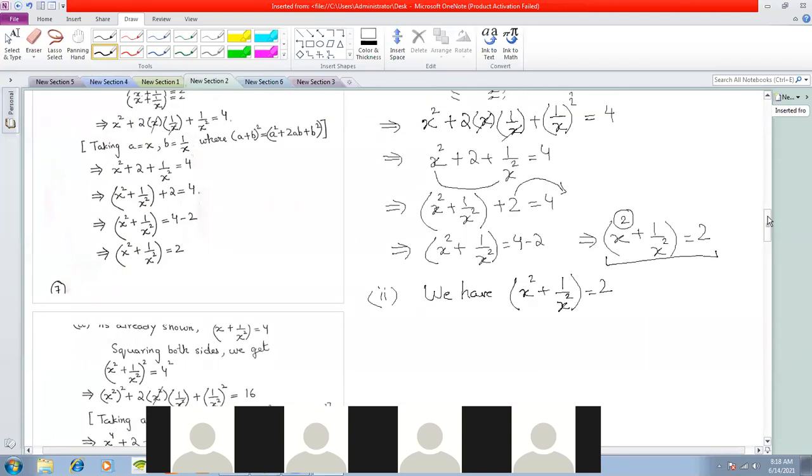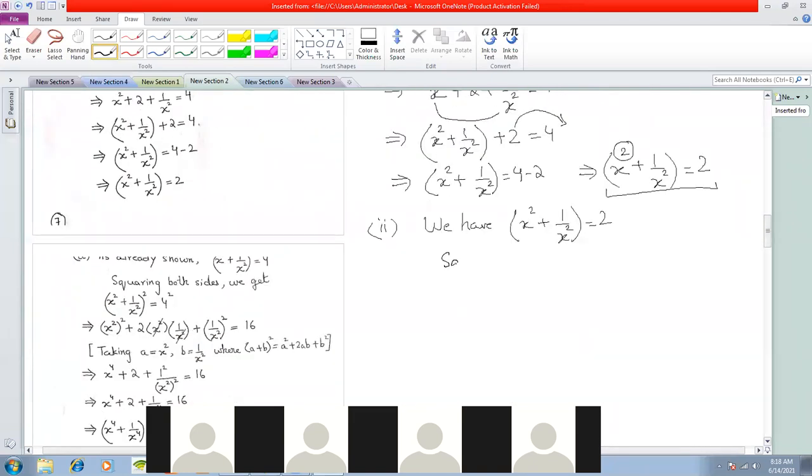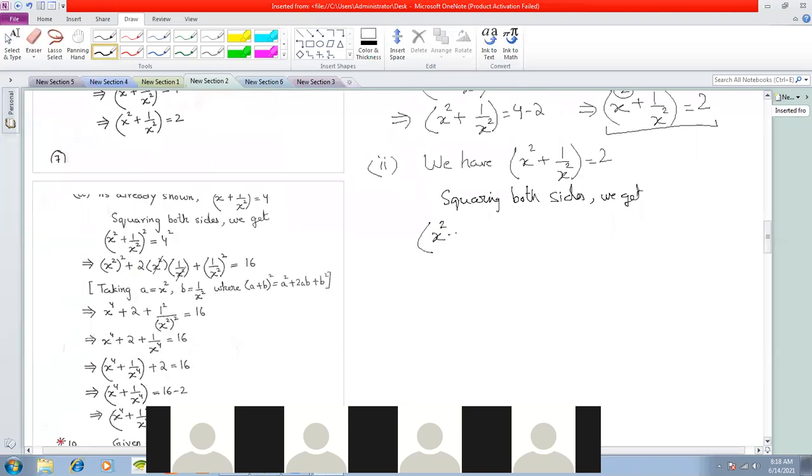Now, because you want to move from a lower power, that is 2, to a higher power, which is 4, you again square both sides, right? Okay. Now we expand by a plus b whole square. Here this is your a term, this is your b term.